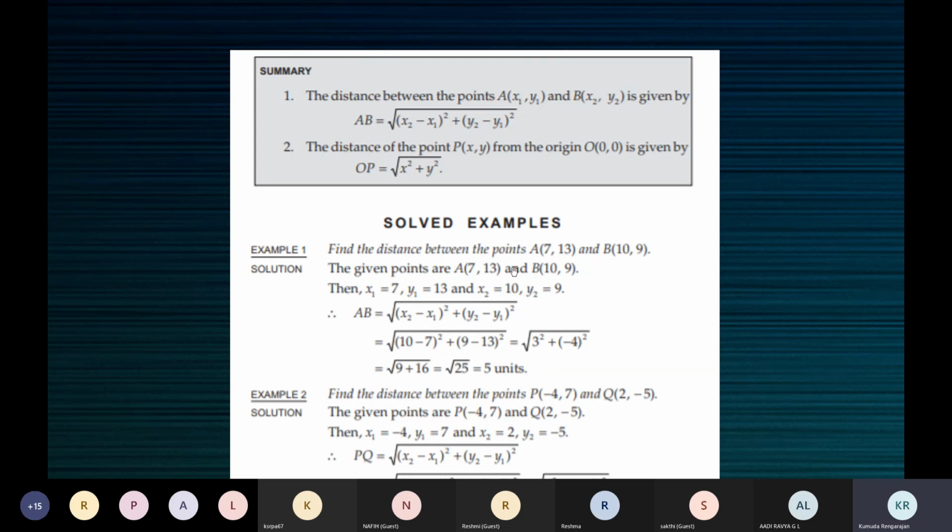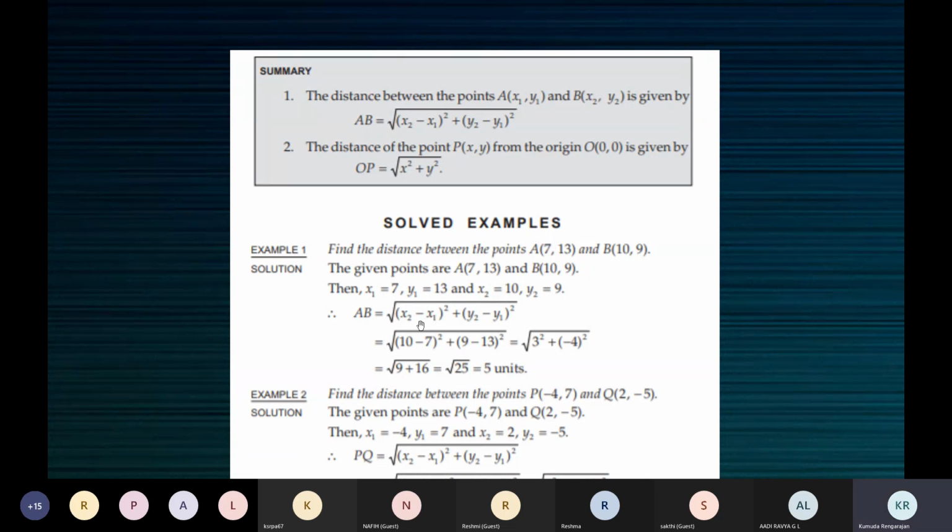Find the distance between the points A 7, 13 and B 10, 9. So how do we express the distance between these 2 points A and B? Like this, AB, which is the length of the line segment AB. It also represents the distance between the 2 points A and B. This is the formula.